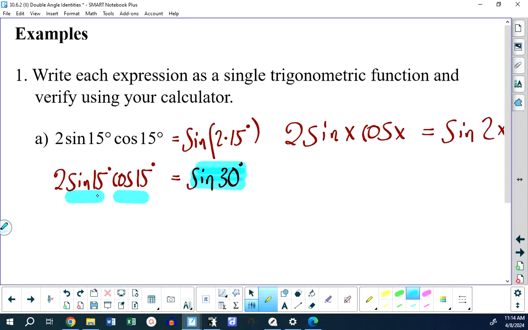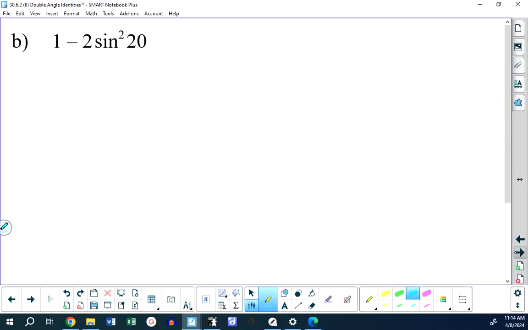Any questions with 1a? B, 1 minus 2 sine squared 20. You should recognize this. What you should recognize it as being is 1 minus 2 sine squared alpha. I'm switching from alpha to theta to beta to x.